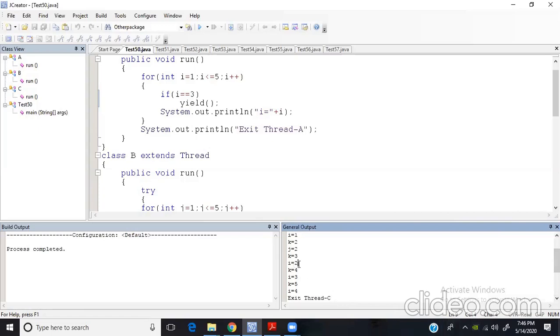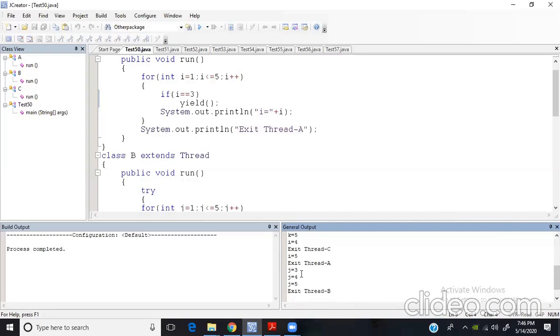Look, I2, K4, I3, K5, I4, exit from thread C. So B is not in the picture. Look, now this 1000 milliseconds time is over.